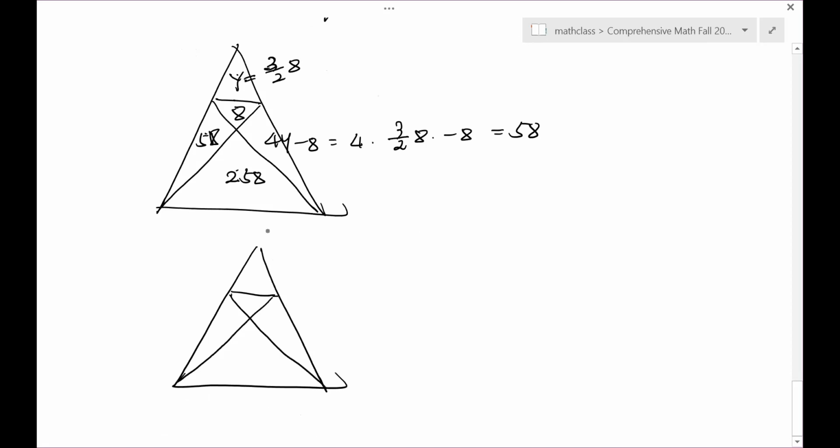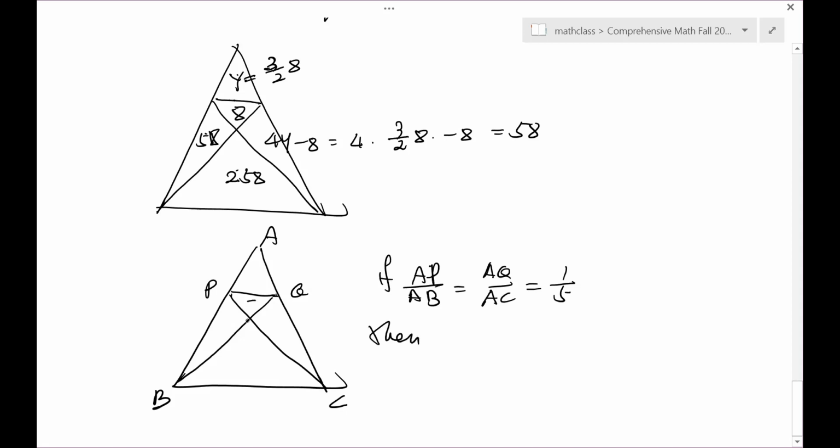Here's A, P, Q, and B, C. If AP over AB equals AQ over AC equals 1 over 5, and this area is called x, then here is 3 over 2 x, here's 5x, and this is going to be 25x. Wow.